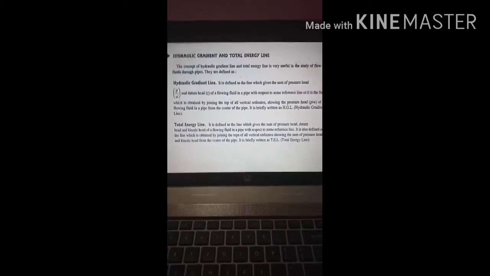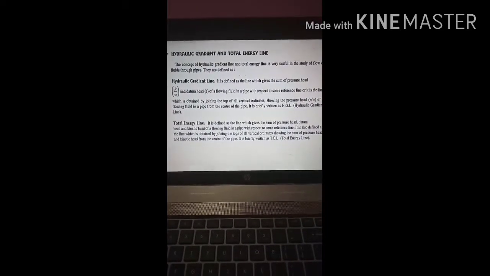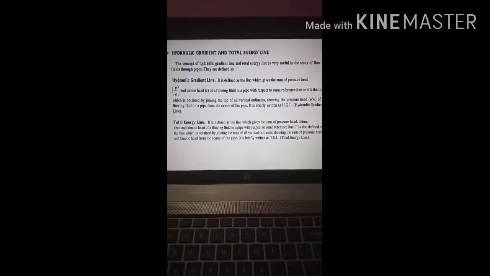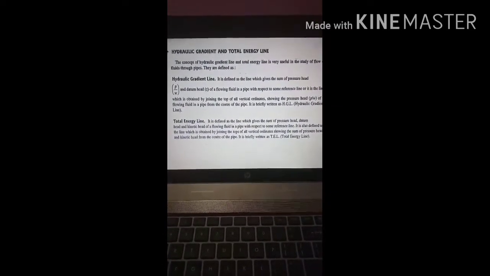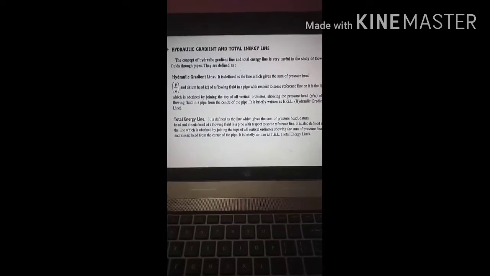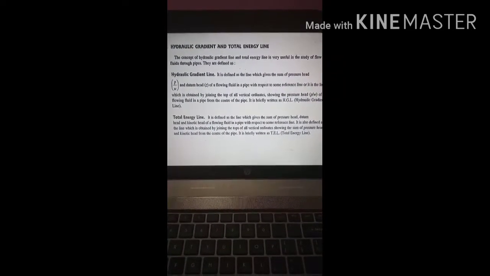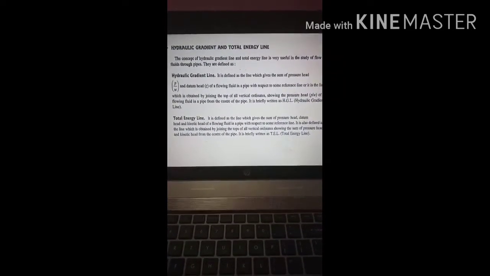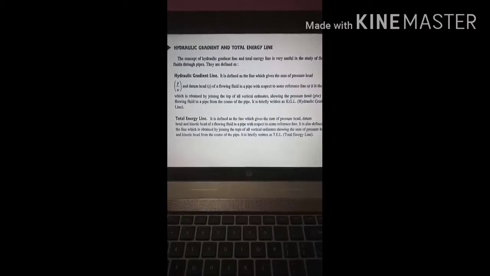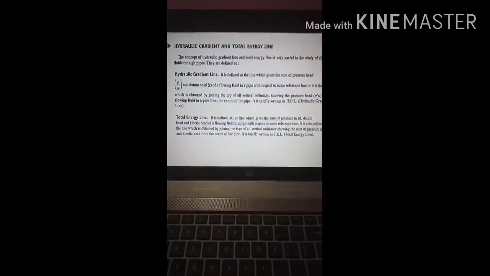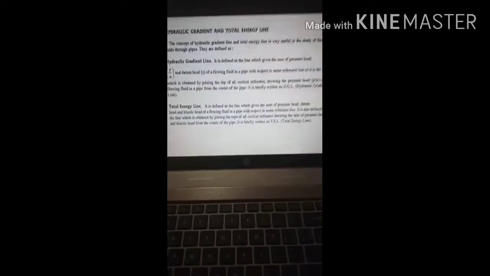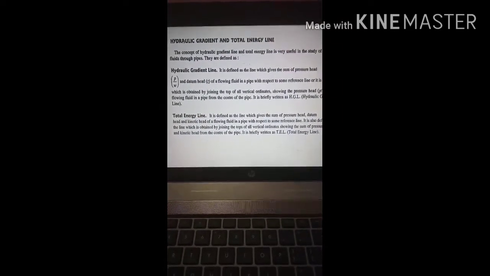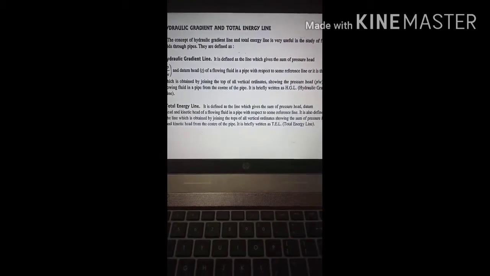Remember, in the total energy line we have considered all three energies: pressure energy, kinetic energy, and datum energy or potential energy. While in the hydraulic gradient line we neglect the kinetic energy term. If you neglect the kinetic energy term, then the remaining two terms are pressure energy and datum energy or potential energy.